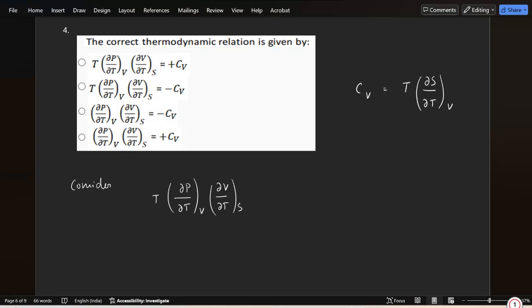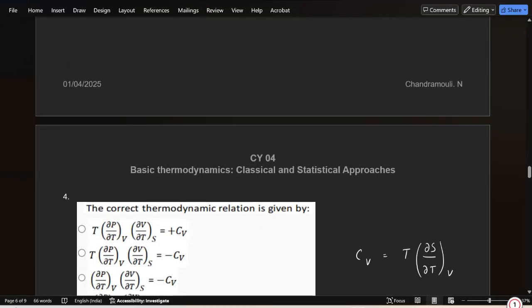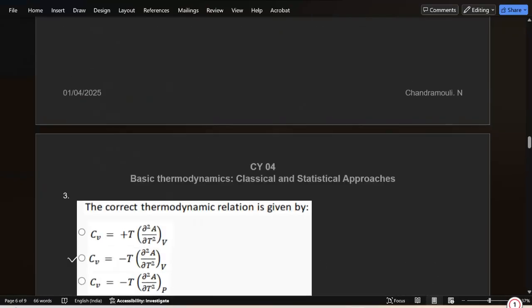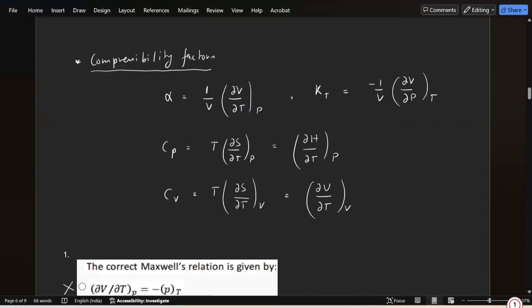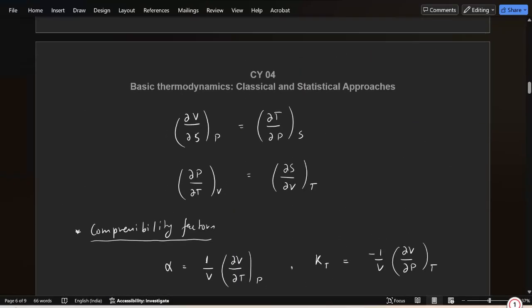Now we'll search for an equation that relates V and T, this del V by del T, to del S by del T. Somewhere in the Maxwell relations it might be there.